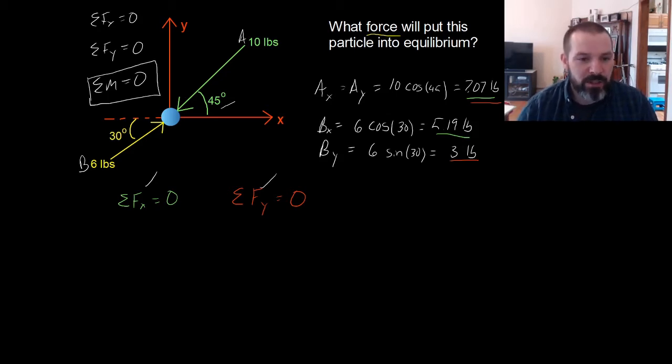And the reason we haven't talked about moment at all is because we're focusing on a particle, which is a point in space. So all the forces are acting around a singular point, through that point. In order for us to have a moment, if you can remember, a moment equals a force times a distance, we have to have some distance.